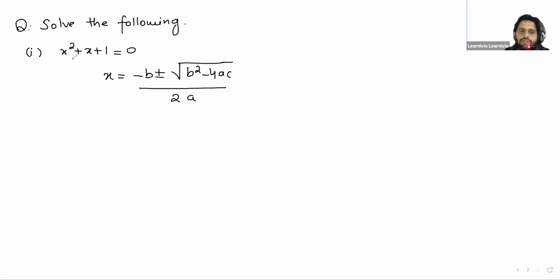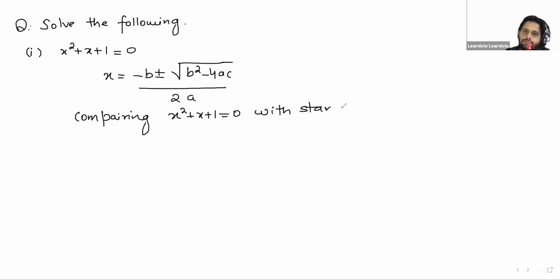Now from this equation, okay, comparing x square plus x plus 1 with the standard equation ax square plus bx plus c is equal to 0, we will get what?